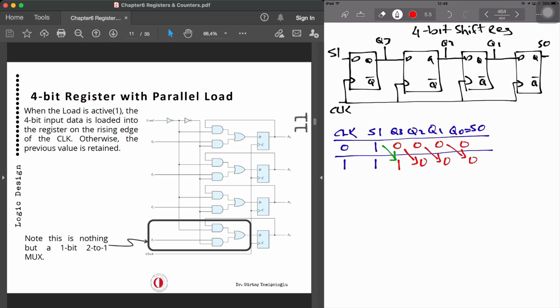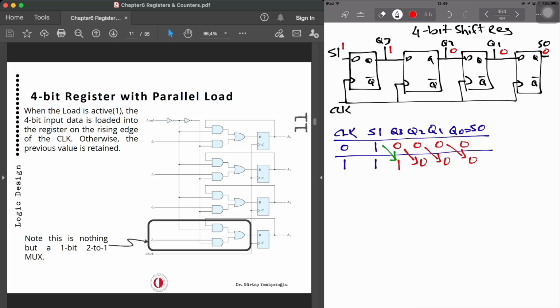I'll say SI was 1, okay? Then another one is coming in. So this is shifted, Q3, Q2, Q1, and Q0.